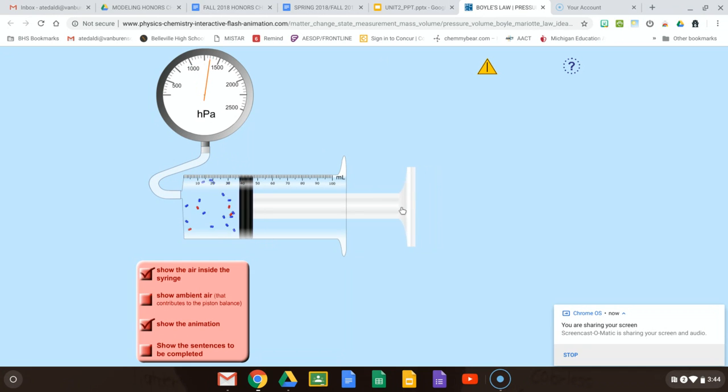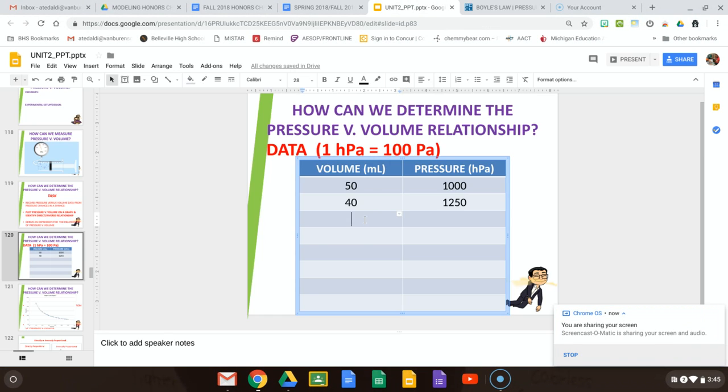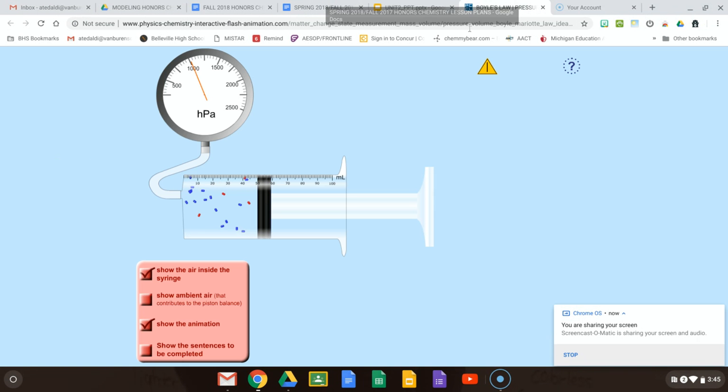If I move it all the way down to 30, squishing it all the way to 30, it looks like my pressure jumps to about 1,700 hectopascals. So I'm going to write that down. 30 is about 1,700 hectopascals, okay?